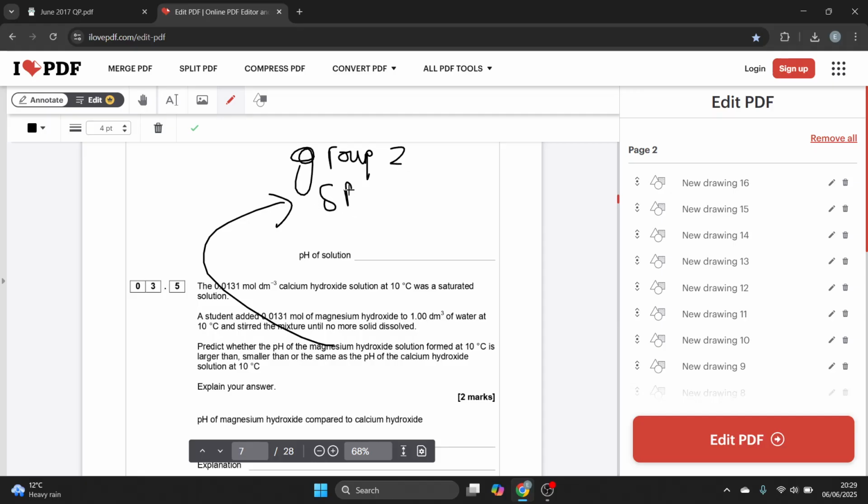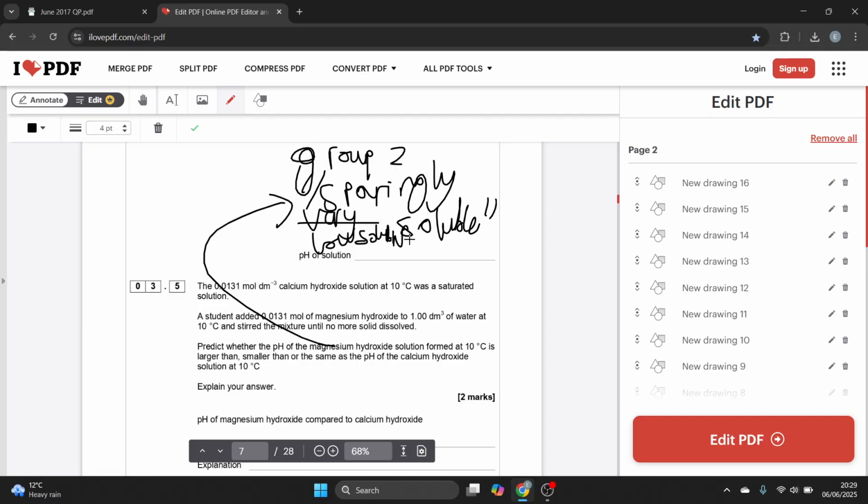It's sparingly soluble. You have to know that key term, it's in the specification. Sparingly soluble means it's low in solubility, right?